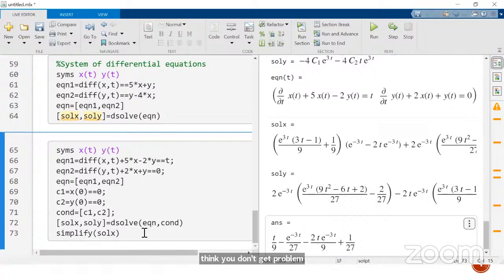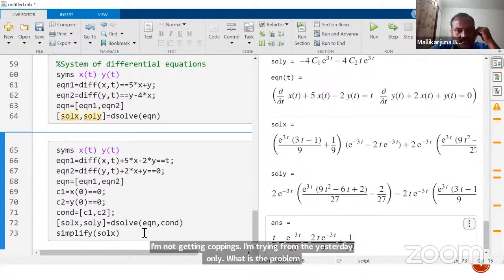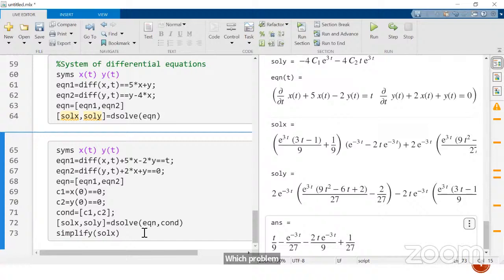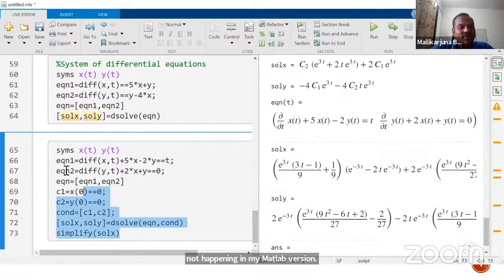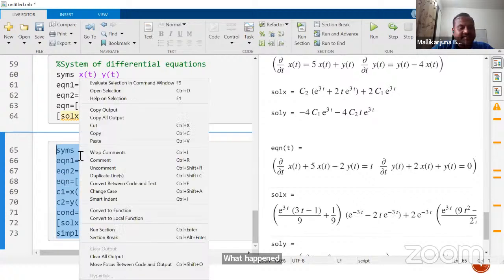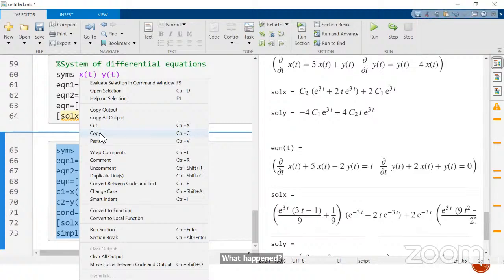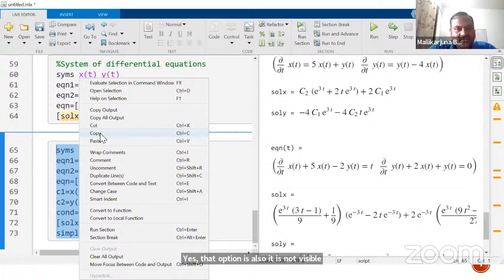Sir, I'm not able to copy, so I'm trying from yesterday only. What is the problem, sir? Whatever I copy with Control C, it's not happening in my MATLAB version. If that is the case, just right click, then copy it. Sir, that option is also not visible. Madam, you are using virtual MATLAB?